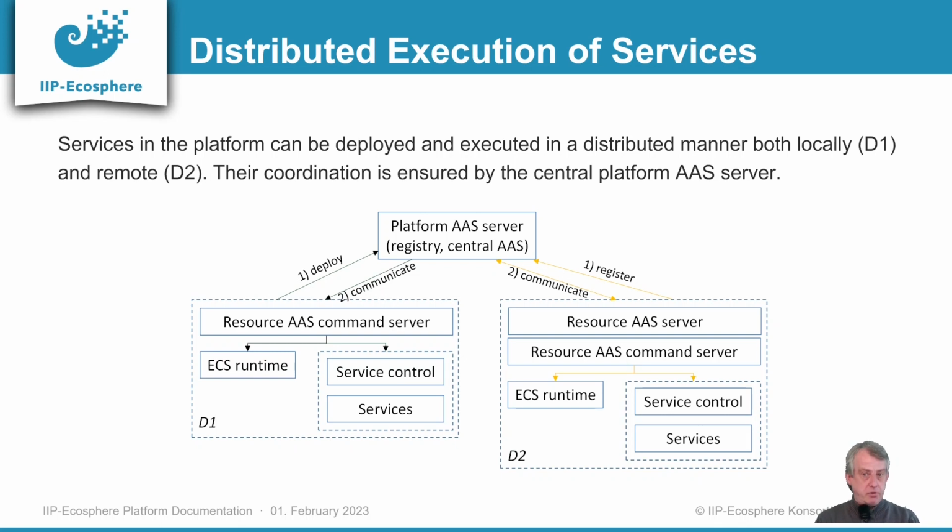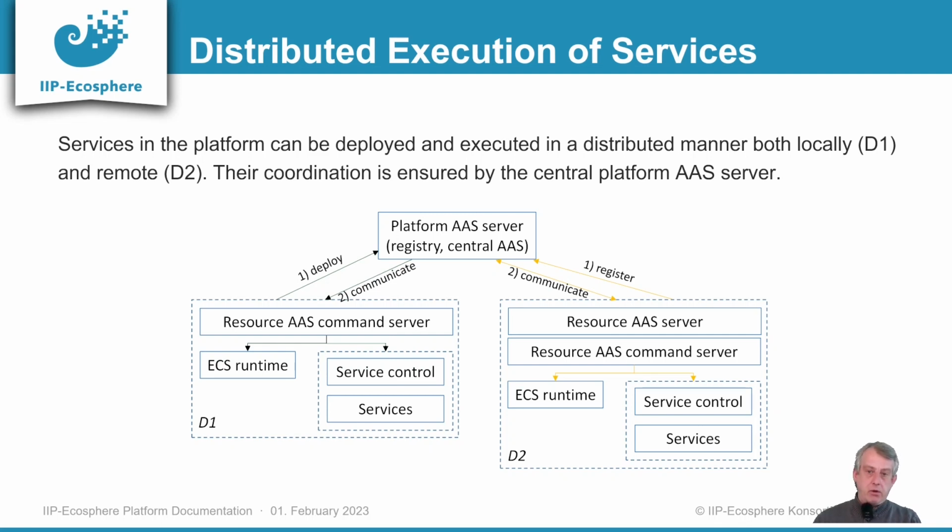Services can be deployed and executed in a distributed manner. This is supported by the Edge Cloud Server, or in short ECS runtime environment, and the message brokers of the platform. To ensure the correct coordination and interaction between services deployed to and executed on distributed devices, the platform employs the information representation format Asset Administration Shell, or short AAS, in two ways shown here.